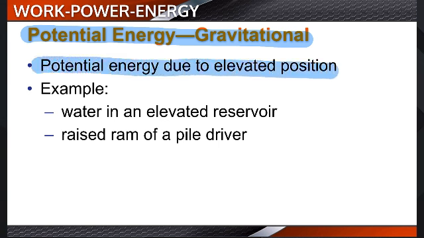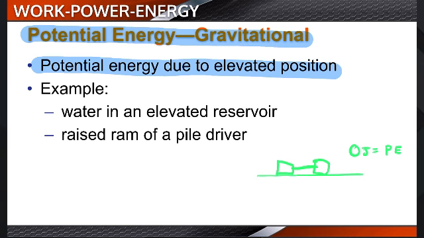Gravitational potential energy is related to the position above the Earth's surface. If you have a dumbbell and it's resting on the Earth's surface, right now this dumbbell has zero joules worth of potential energy because it can't fall anymore. It's not above the Earth's surface, it's on the Earth's surface.